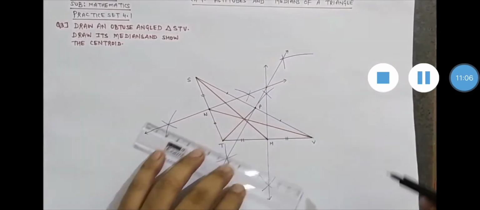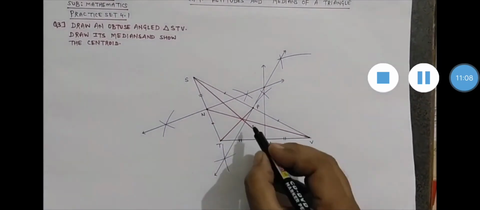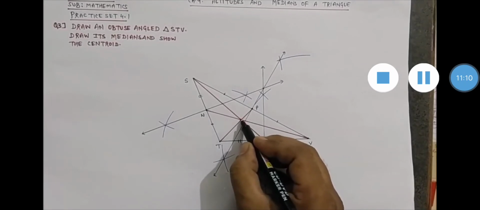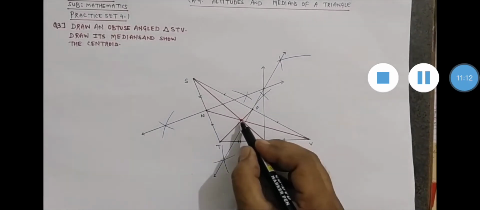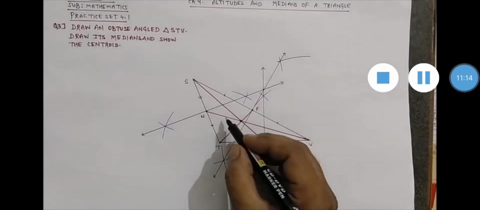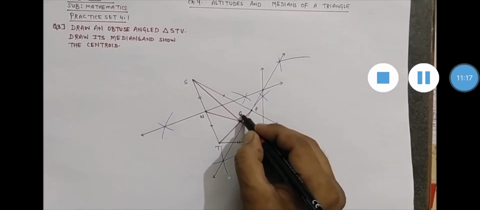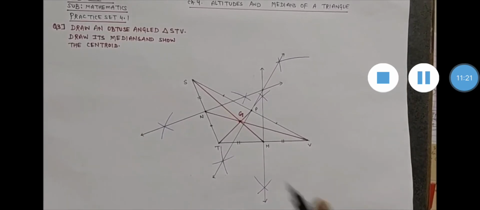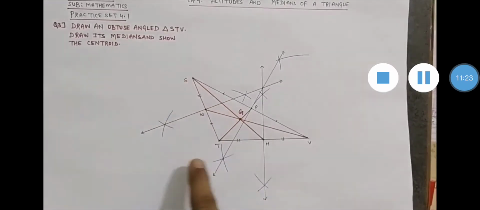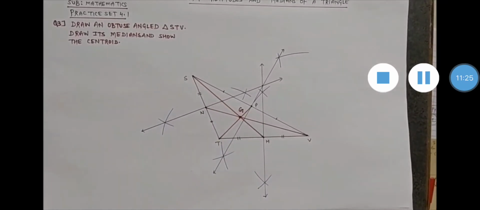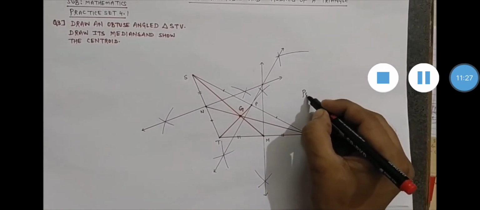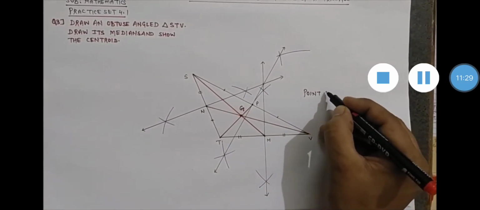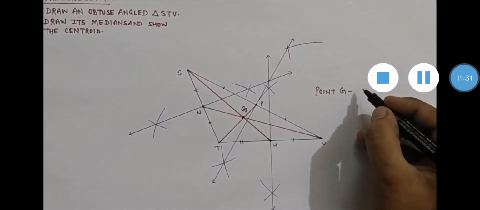Now can you see all three medians are passing through one common point? That point is called the centroid. Name it G. Now point G is the centroid.